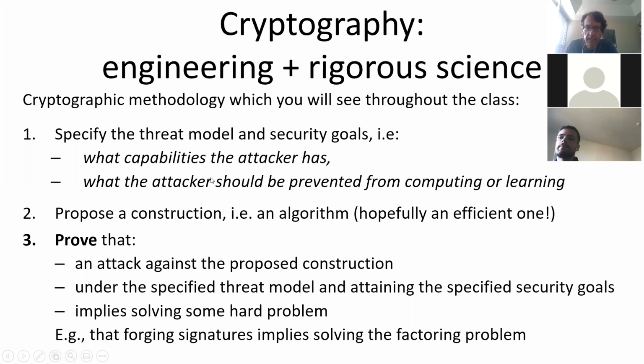And so the argument will be that if there is an attack that has certain capabilities and efficiently, in feasible time, achieves a certain specified goal against a specified construction, then that can only happen if that algorithm can be converted, and here the proper technical term is reduced, to solving some hard problem like discrete logarithm, factoring, etc. So, for example, forging certain standard signatures in some standard signature algorithm is only possible if you break the factoring assumption.